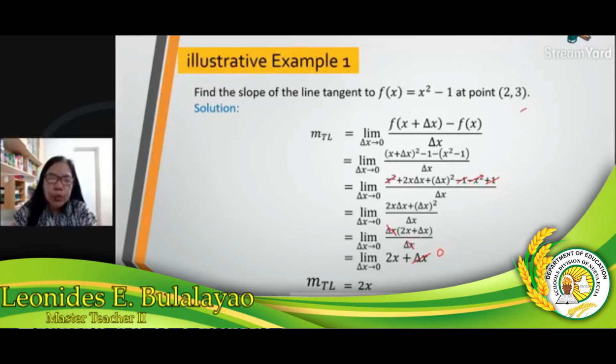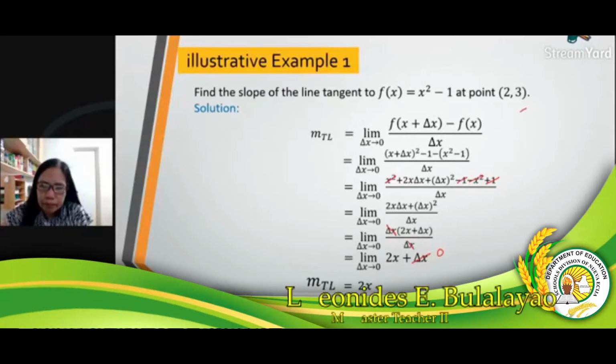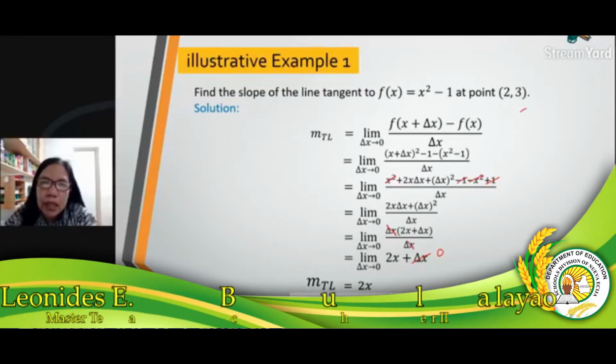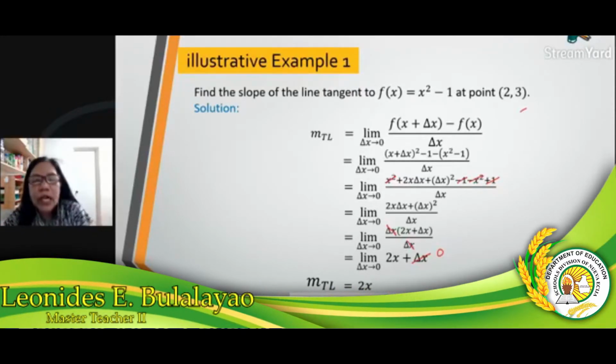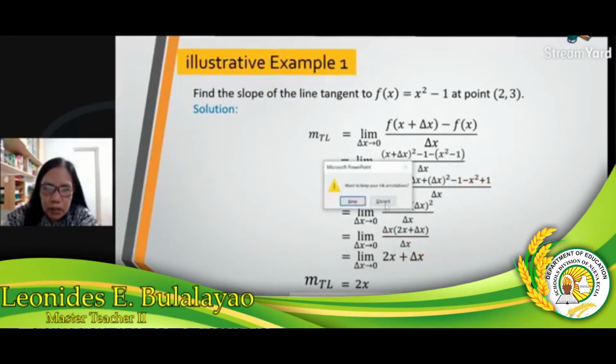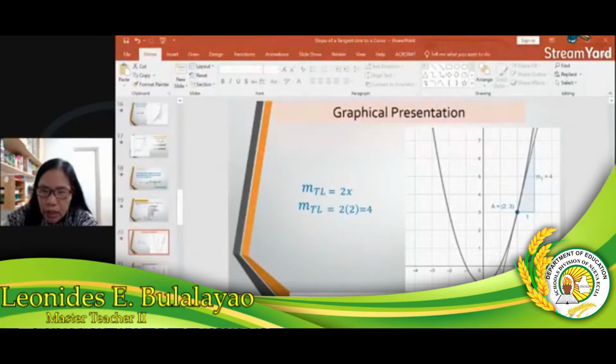At point (2, 3), our x here is 2. So 2 times 2 equals 4. So the slope of the tangent line at (2, 3) is 4. So let us check using GeoGebra.